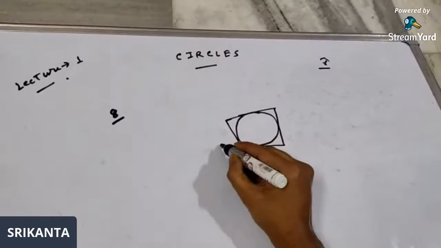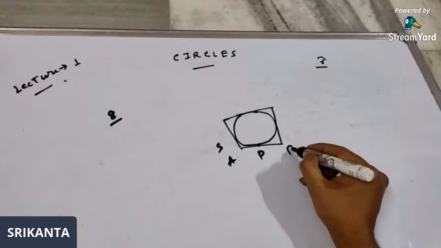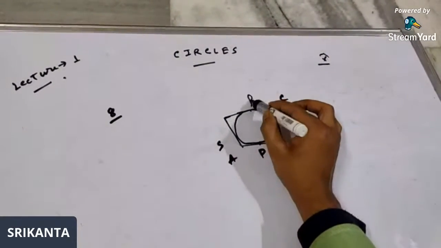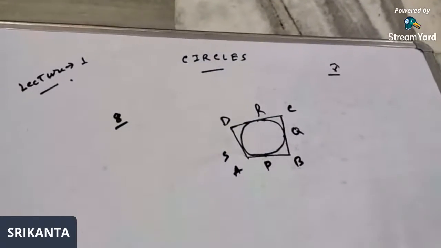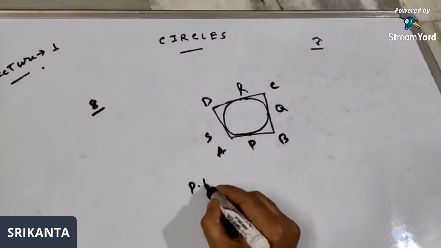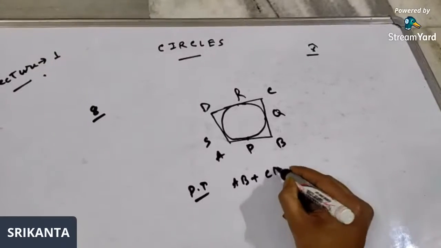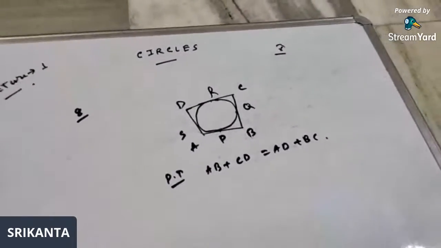So this is our S, this is our P, this is our B, this is our Q, this is our C, this is our R, and this is our D. We need to prove that AB plus CD is equal to AD plus BC.